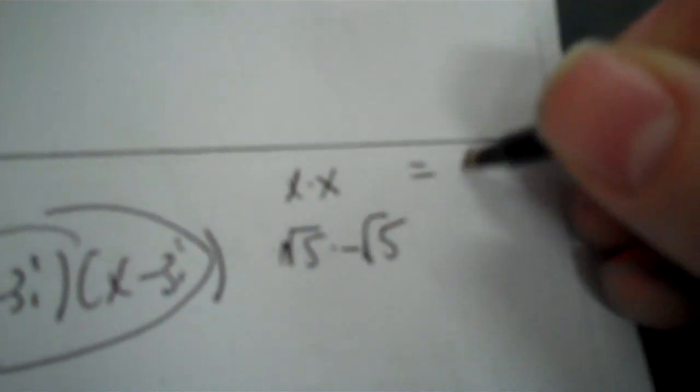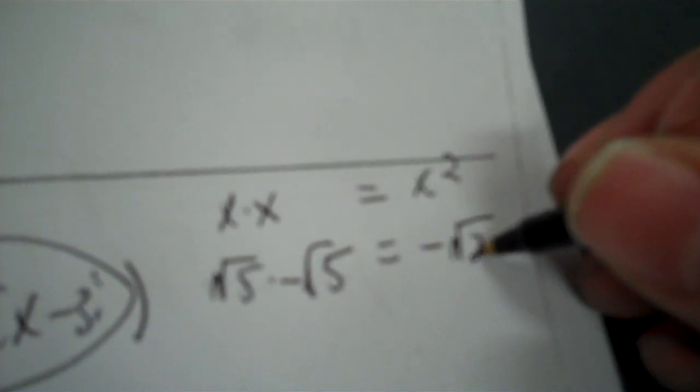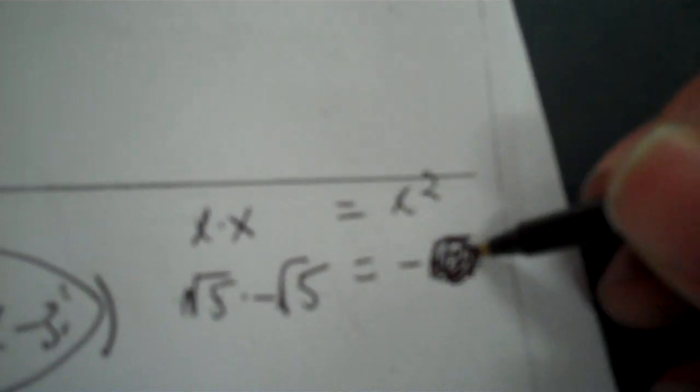So x times x is x to the 2nd power. Now a positive times a negative is a negative, okay? And then negative's outside the square root, but then the 5 times 5 is 25. So then the square root of 25 takes me to a 5. Now it's negative 5, so that's x to the 2nd minus 5.